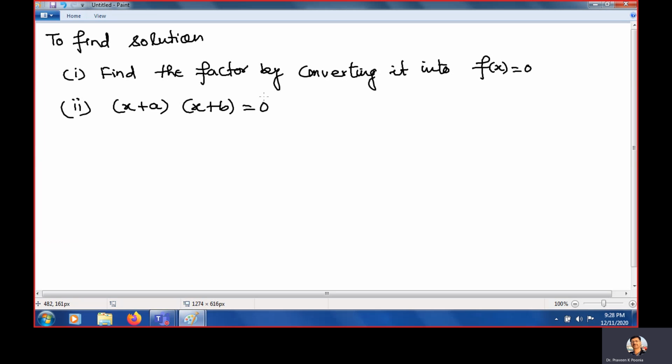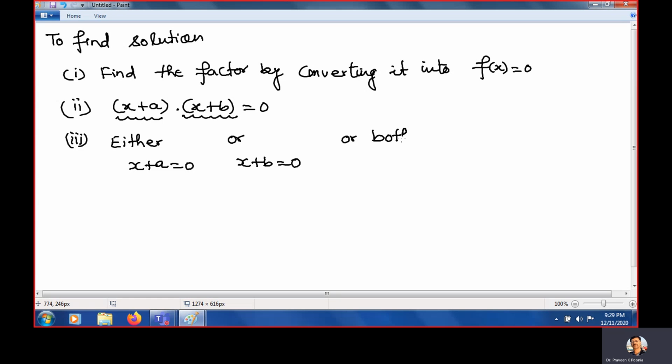If these are the two factors, we are letting, if these are the two factors, clear? Then there is a method. What is the method? If (x + a) times (x + b) is equal to 0, this is clear, then either x + a is equal to 0, this is the condition, or x + b is equal to 0 or both equal to 0.